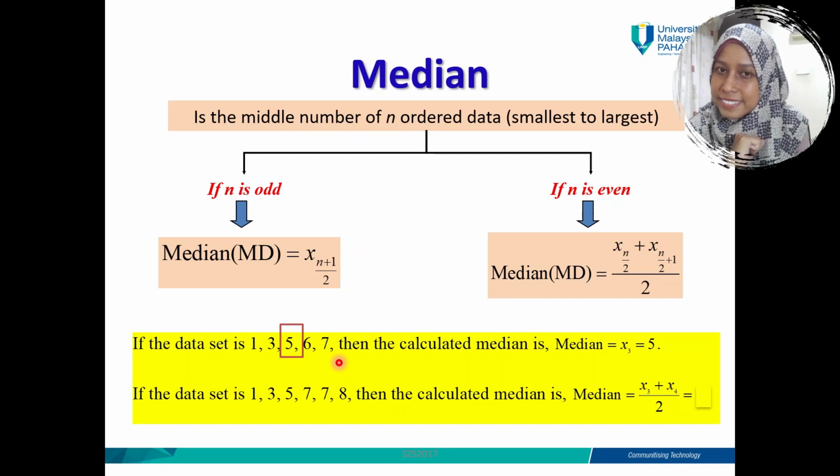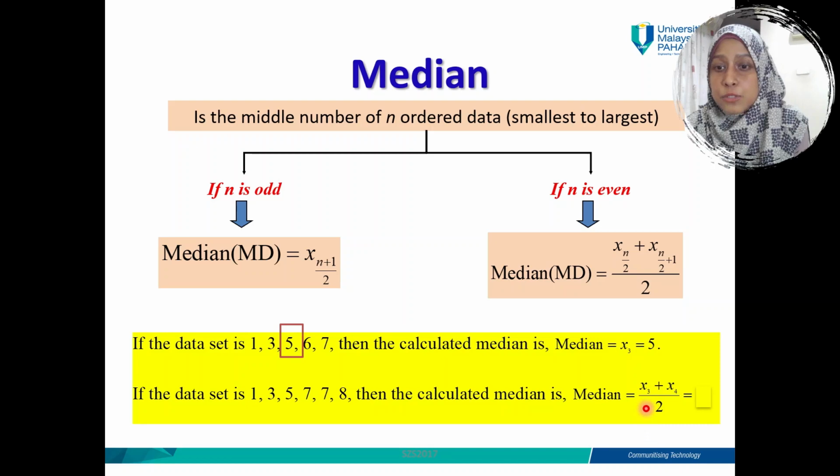So the third data in this arrangement is your median. Nice. Moving on, what if your data set has an even number? 1 2 3 4 5 6. The sample size is an even number. So this is the formula: x of n divided by 2, plus x of (n divided by 2 plus 1). So 6 divided by 2 is 3, plus 1, that is 4.